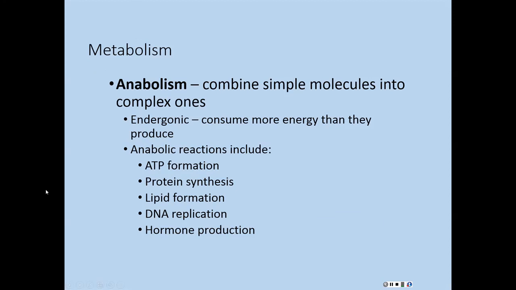Then what we have on the other half of the catabolic reactions are the anabolic reactions, where we combine them together. And so that's really what we're doing when we make ATP, so we can use ATP. So we would call those endergonic reactions, where they consume more energy than they produce.